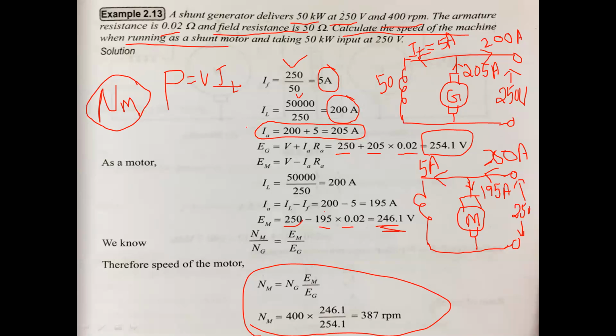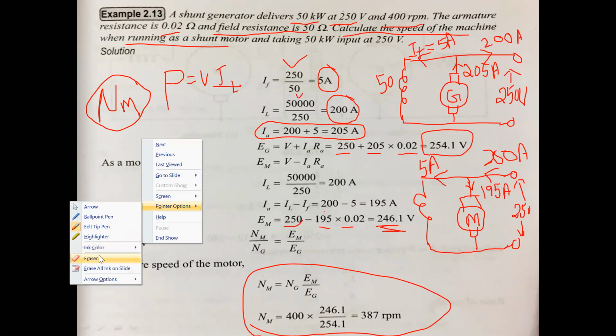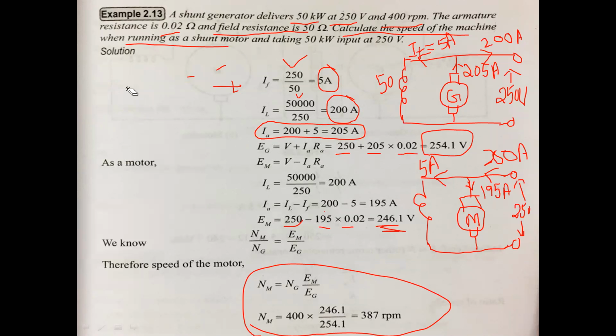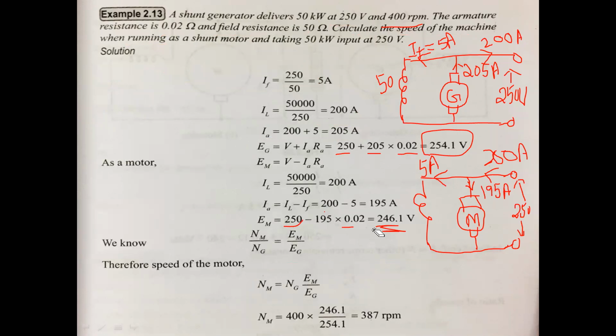So here we have generator and motor, the same problem for generator and motor. A shunt generator delivers 50 kilowatts.